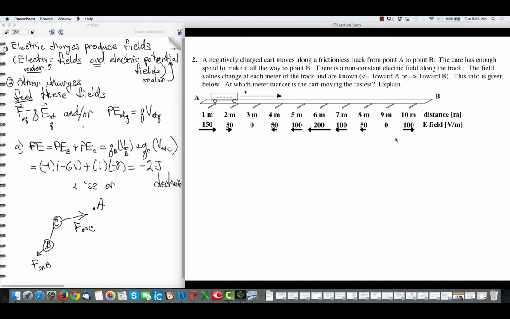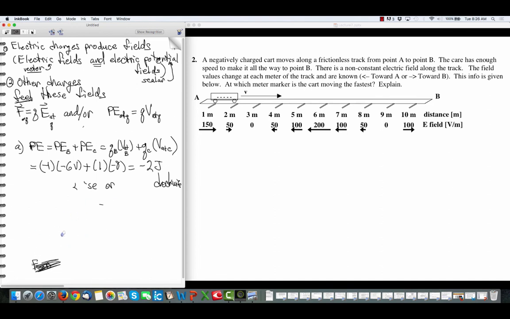You can also talk about it in terms of energy. And I'm not sure I have time to do this, but let me just remind you that the electric field, delta R, delta X, what do we call this?